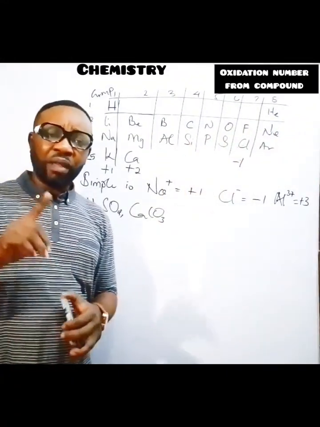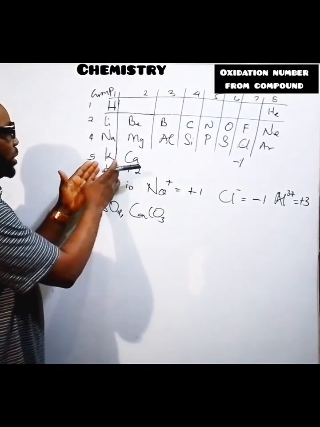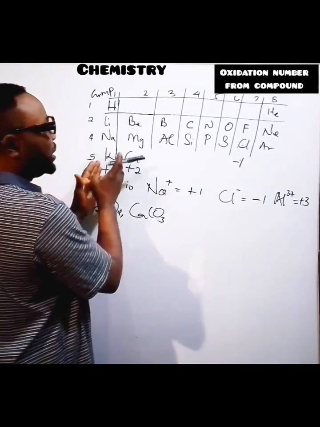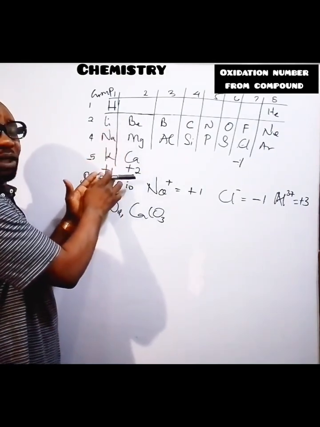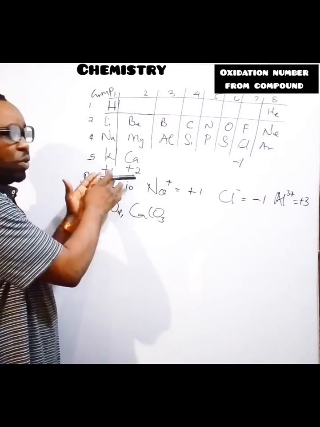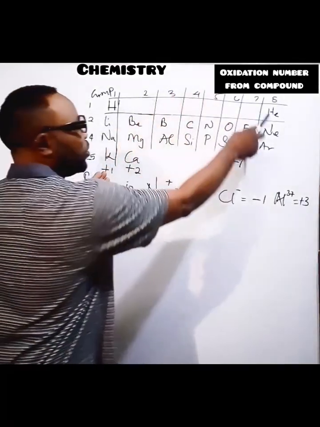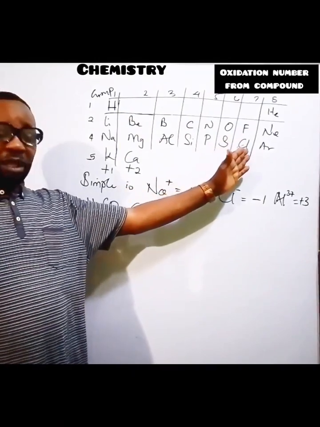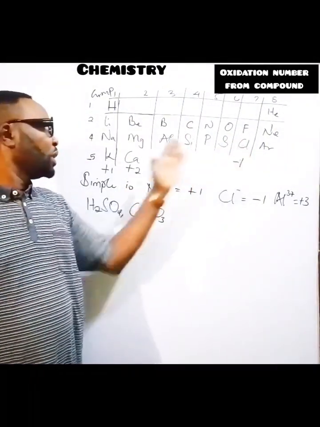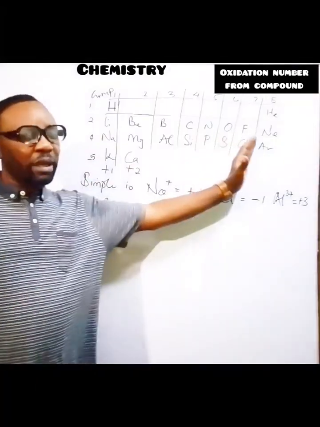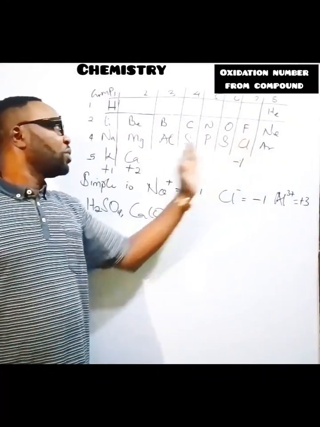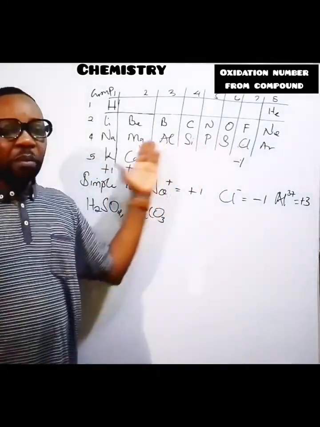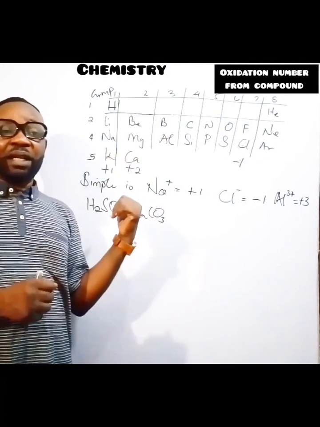Now, another thing that makes the element in group 1 have +1 is that the electron found in the outermost shell, which is 1, needs to be released. Once it is released to such elements as those in group 7, for example, if it releases one electron to an element in group 7, it becomes positively charged, leaving behind how many electrons?